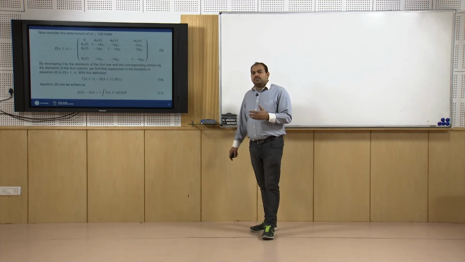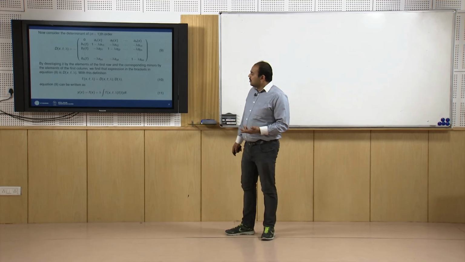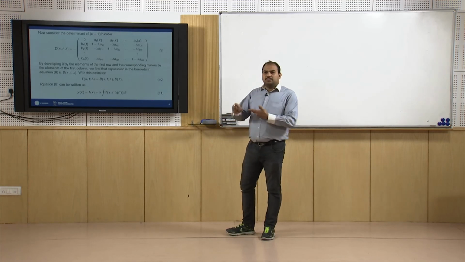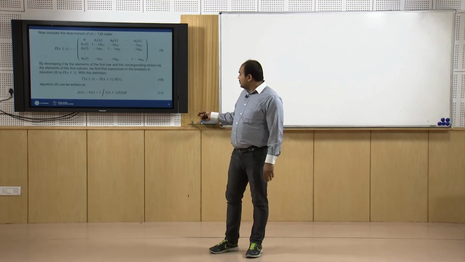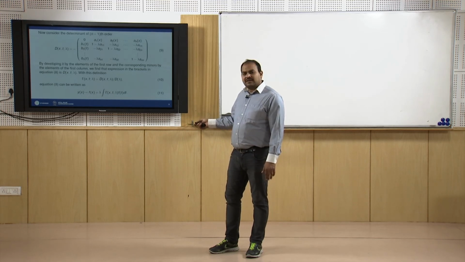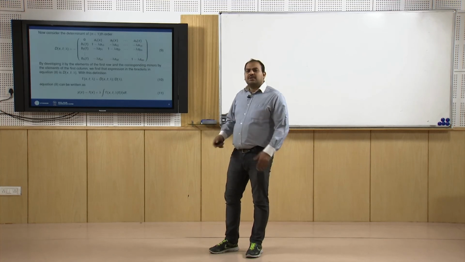In that case, what should be the condition on your f? That we will discuss in the next lecture. So here we conclude that if D(λ) is non-zero, then the solution is given in this form, and this is a unique solution, and we will try to find out what happens when D(λ) is 0.